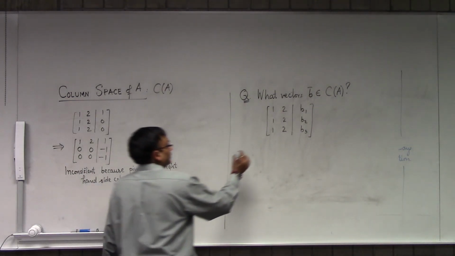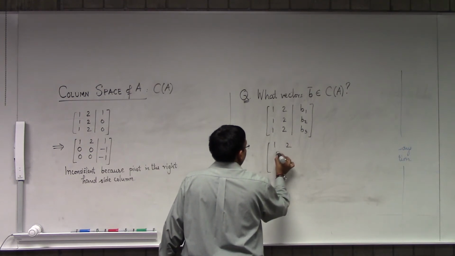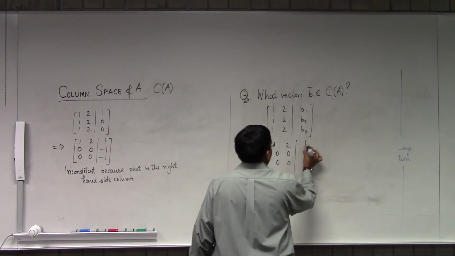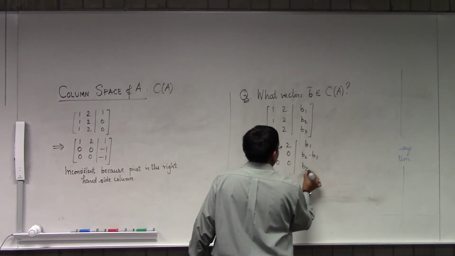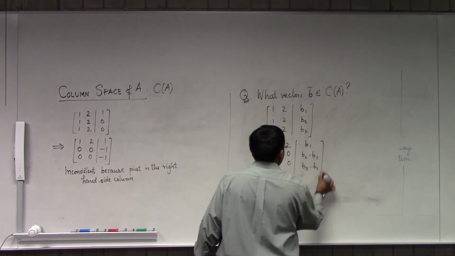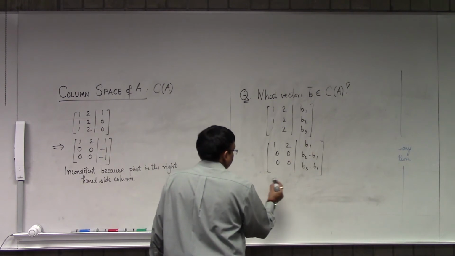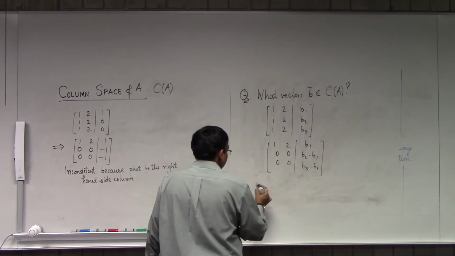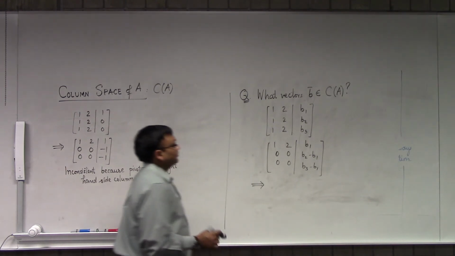So again, using your row reduction techniques, you get 1, 2, 0, 0, 0, 0, and B1, B2 minus B1, B3 minus B1. We can do a further row reduction, or let's play it a different way. So this is what we get.